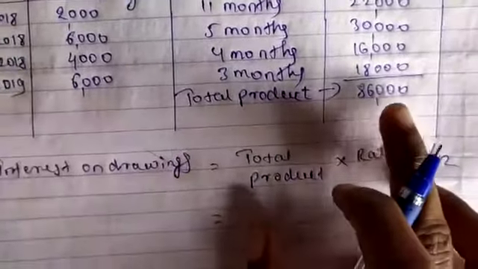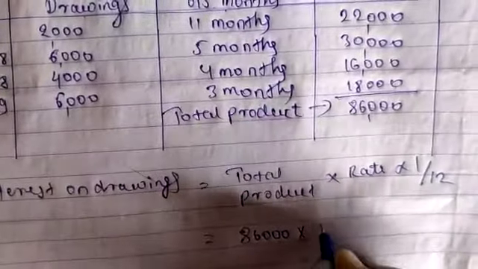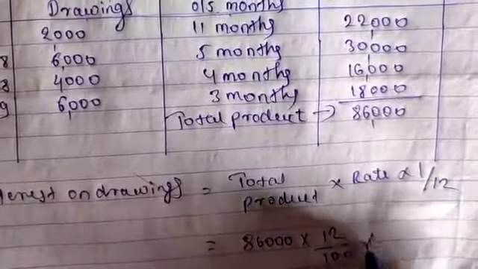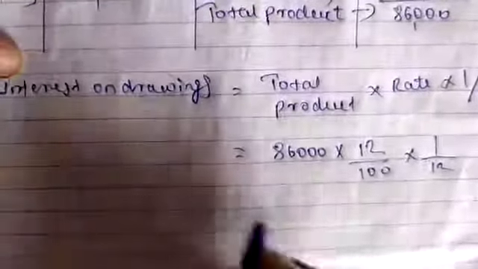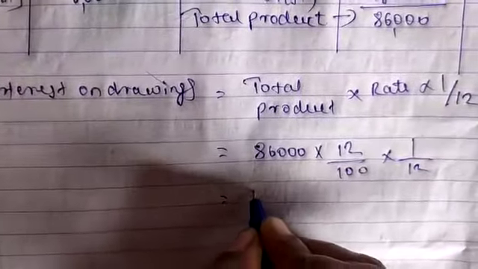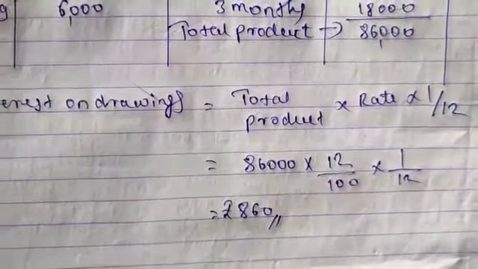So total product you got here 86,000. Rate is 12% into 1 divided by 12. So now direct calculation here gives 860 rupees. 860 is the interest on drawings of Anil.